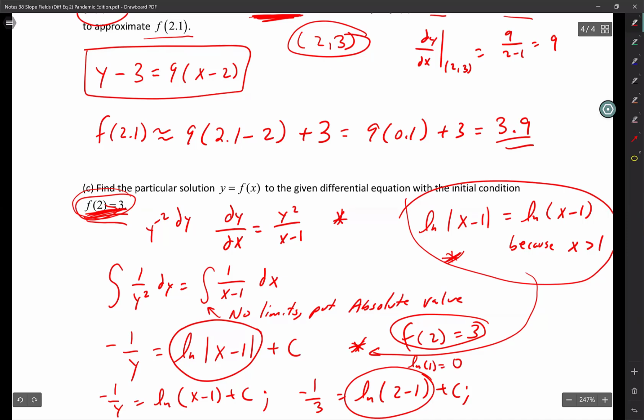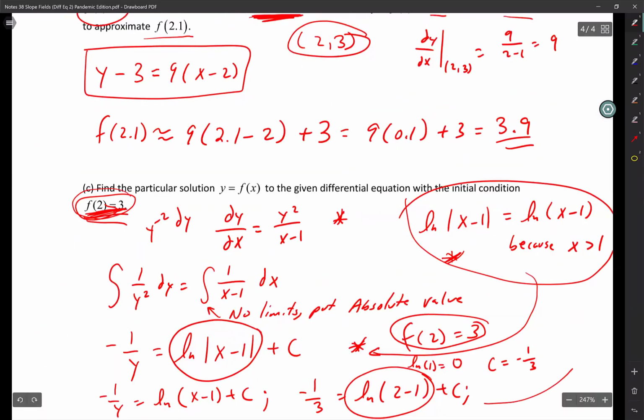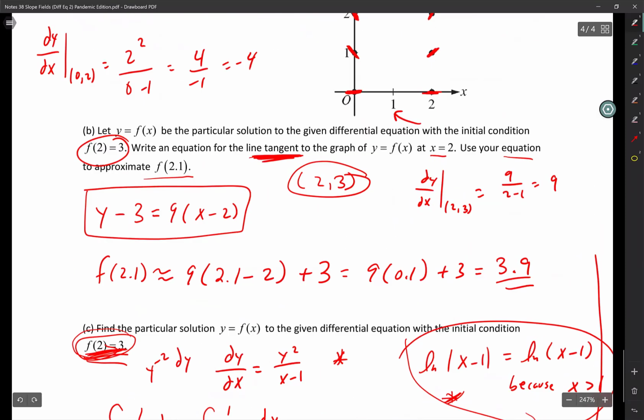You got to know a little bit of algebra, guys. Since I know that c is -1/3, oh man, I should have made more space. I'm going to go to the very top, because I got space up there.